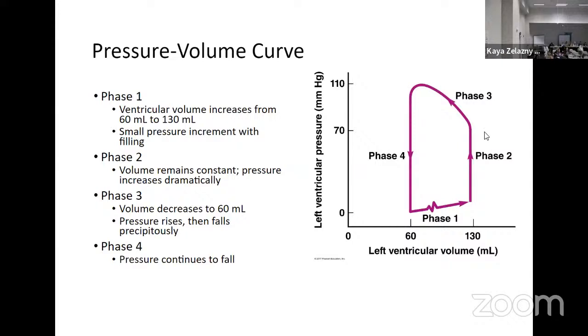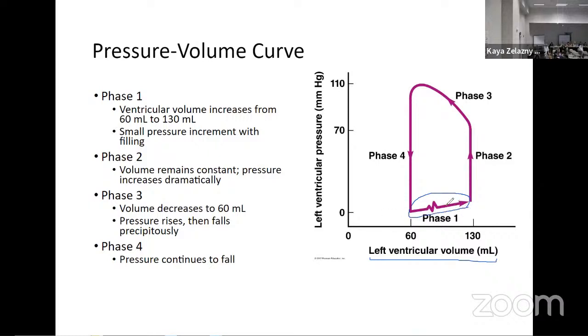But before we do that, I just want to note, we do have a cyclical relationship between volume and pressure in the heart, okay? So if we're looking at the volume of the left ventricle, because that's really the perspective we're taking when we're thinking about our cardiac cycle, we can see that during phase 1, our blood volume increases in the ventricle, right?